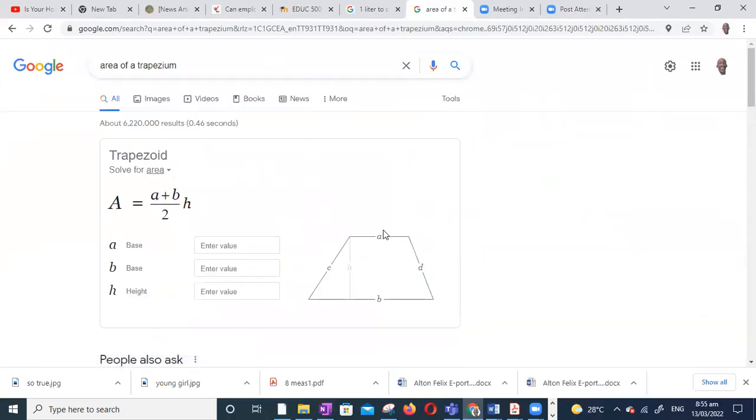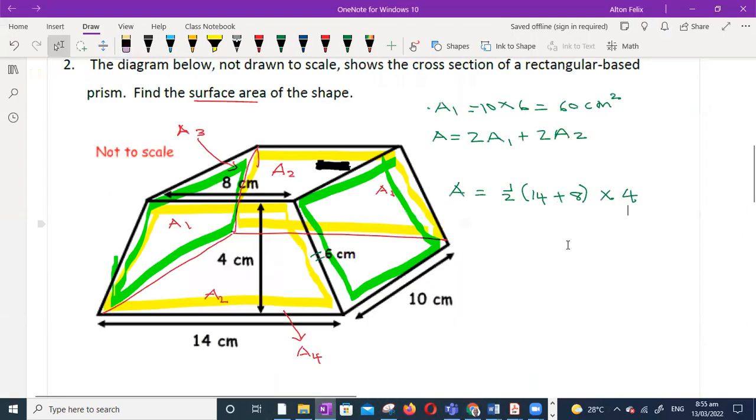Sum of the parallel sides A plus B divided by 2 multiplied by your perpendicular height. Okay, so we're onto something here. Let's see if we can work out that answer. Remember that is area 2. So 14 and 8 is 22, half of 22 is 11, by 4 is 44 cm square.